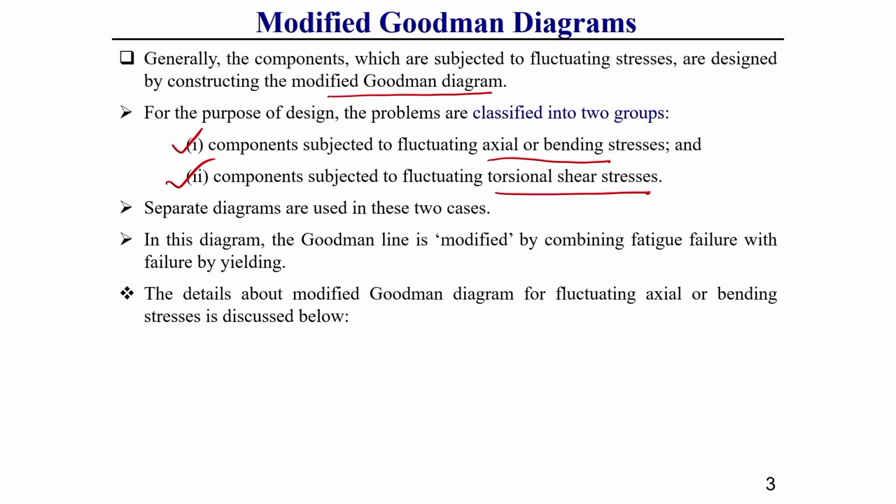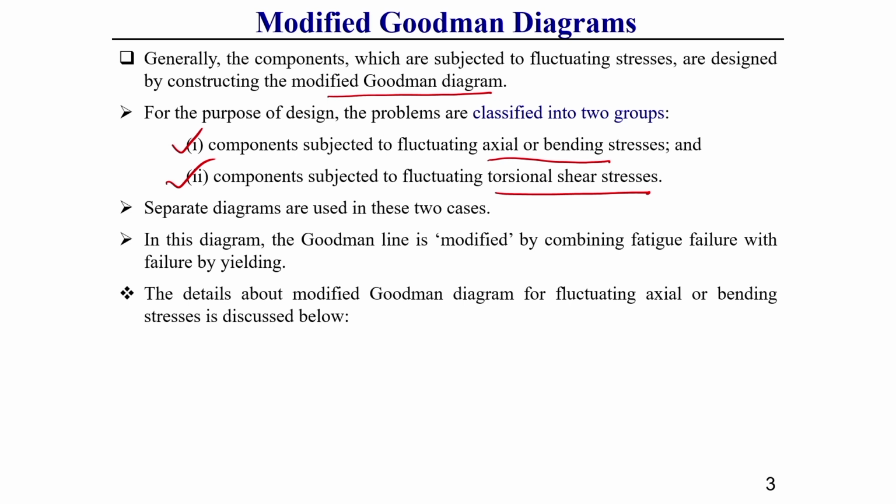Why are these two groups categorized? Because these two groups require two different modified Goodman diagrams. For axial and bending stresses, the procedure and steps used are more or less similar to each other.